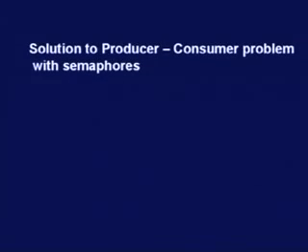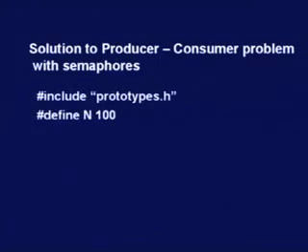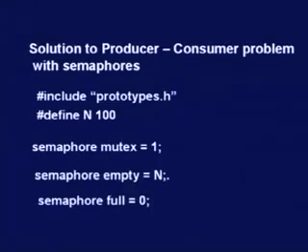Now, let us see a solution to the producer consumer problem using these semaphores. We have the same value n, which defines the size of the buffer as 100, and we define three semaphores: semaphore mutex, which is a mutual exclusion or binary semaphore, which has a value 0 or 1 and its initial value is 1.